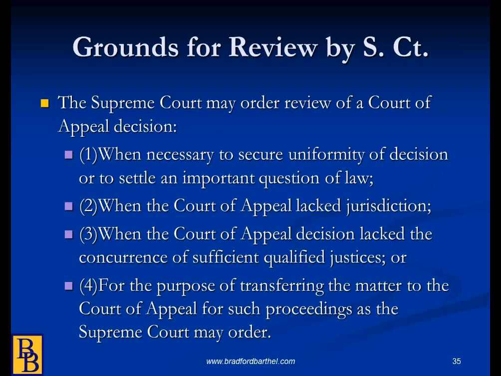And the first part of that phrase, to secure uniformity of decision, typically means that there are 2 different opinions from 2 different lower courts of appeal. And so when you've got a conflict of law, essentially, between 2 lower courts of appeal, the Supreme Court will grant review of one of those cases to explain what the law is or what it should be, and thereby make that decision uniform across the state.